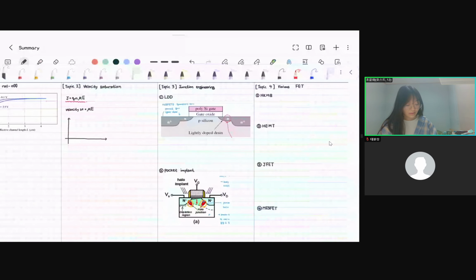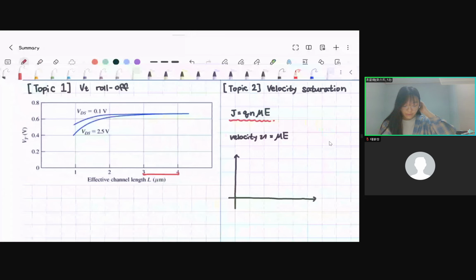The VT roll-off is from the long channel from here. Let's see this paragraph. If the device has a long channel from here, the VT remains constant from here. But when the channel length gets shorter, there is a situation where the threshold voltage goes down.